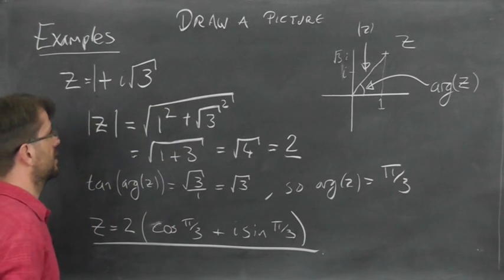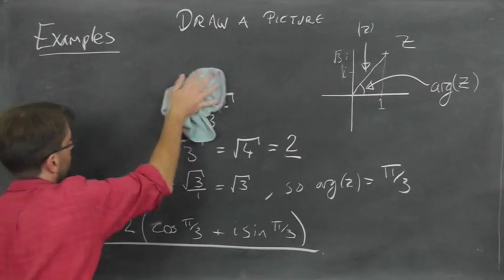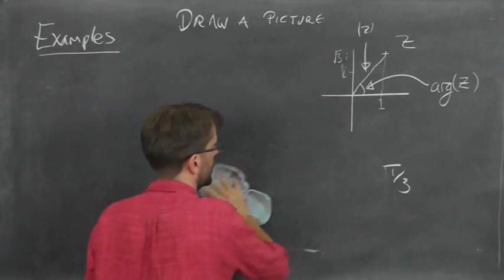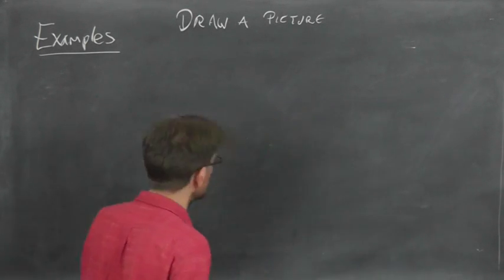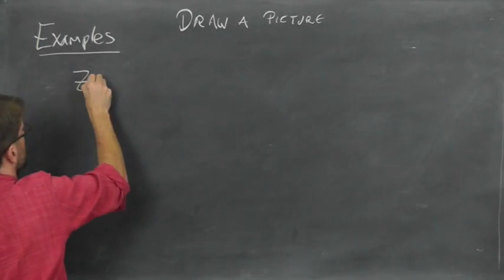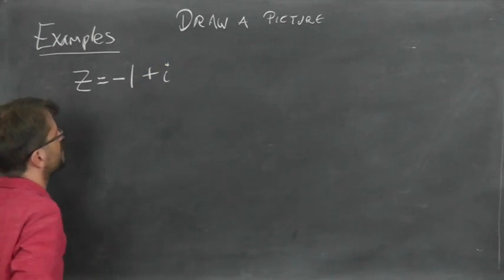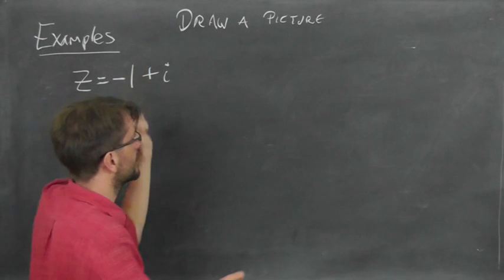Calculating that angle is just a bit easier; you have to have your wits a bit more about you if you're not in the first quadrant. So let's have a look at one which isn't in the first quadrant. So if we now take z to be equal to -1 plus I, what do we do? First thing we do, draw a picture.